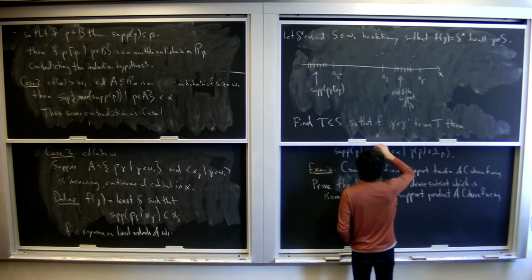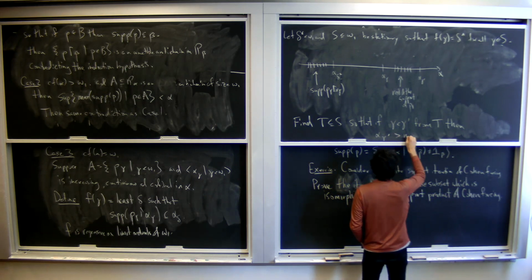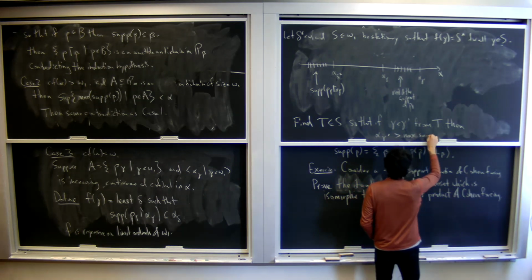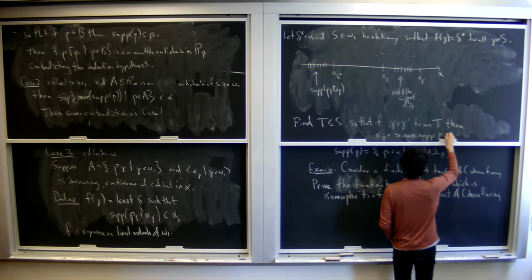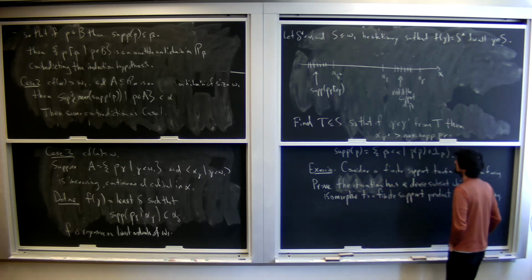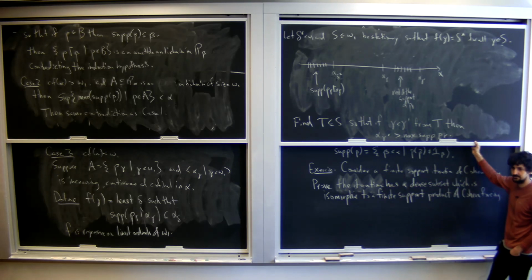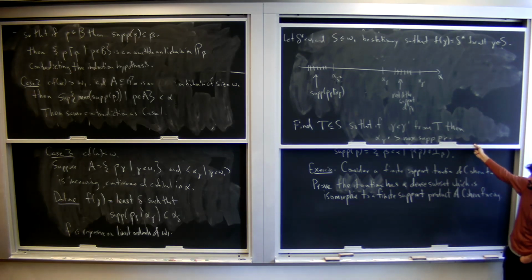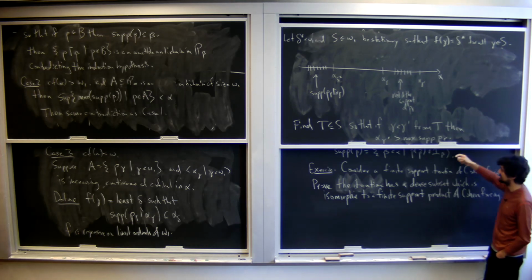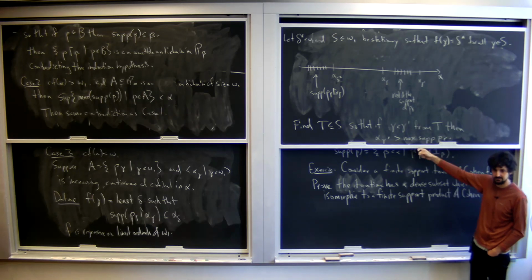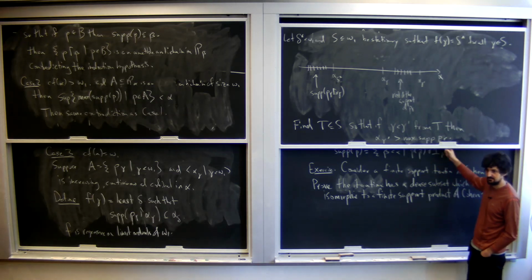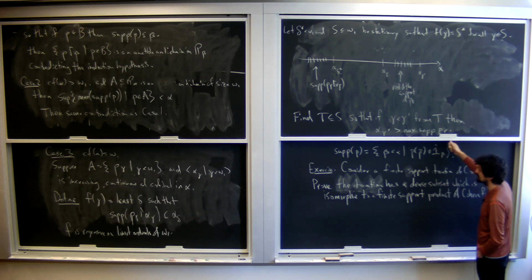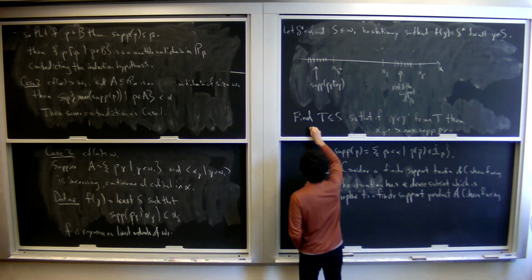I want that this alpha gamma prime is bigger than the maximum of the support of P gamma. But if you think about it, this actually amounts to intersecting S with some club. There's going to be a club that's closed under this, taking the maximum support. And this T is supposed to be uncountable, right?